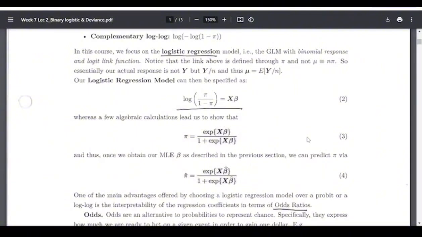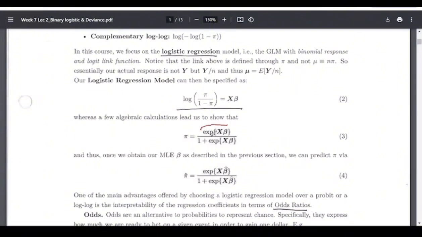Can you see that? And if you look at equation 3, it's looking like this. You know how? Divide both sides by the exponential. Please pay attention.